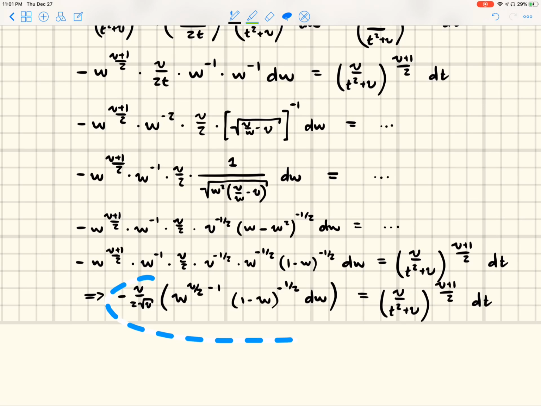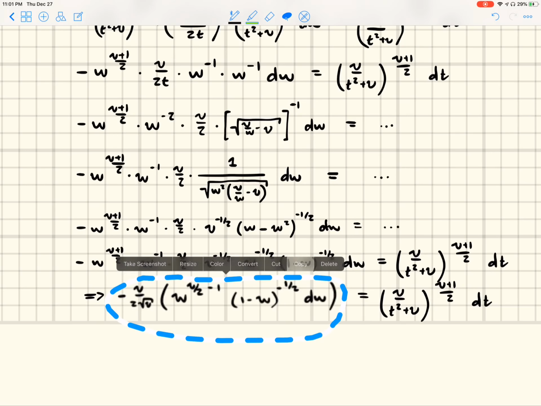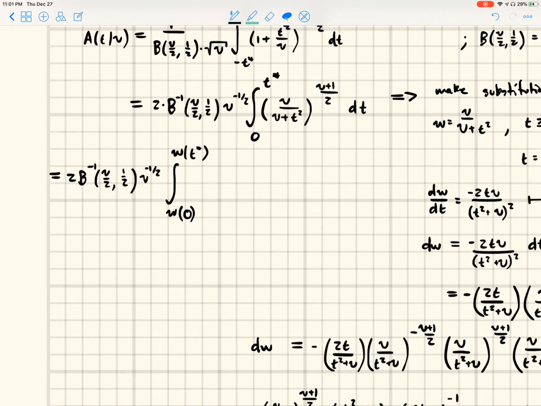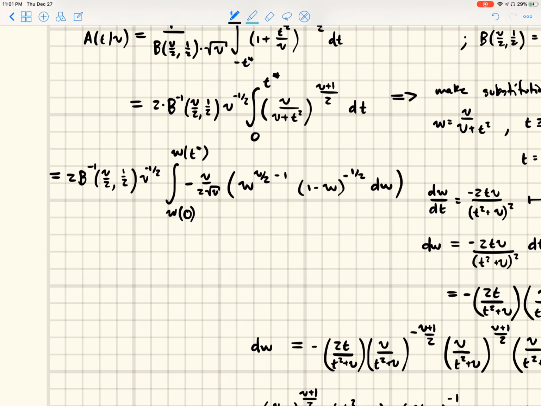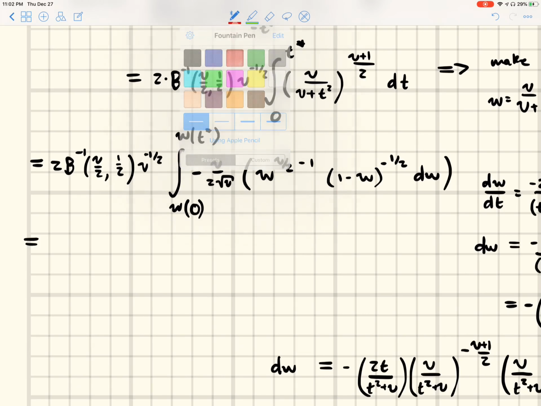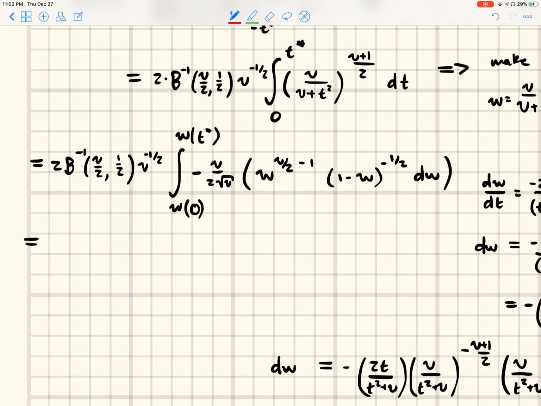So now we can put this here and make various simplifications. So for example, we notice that these terms are going to cancel.